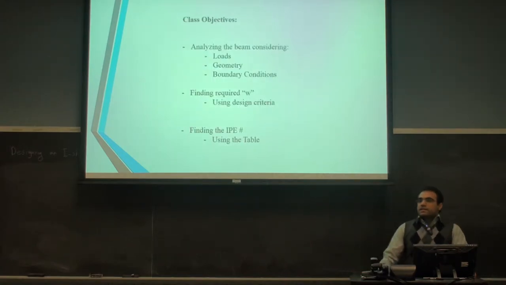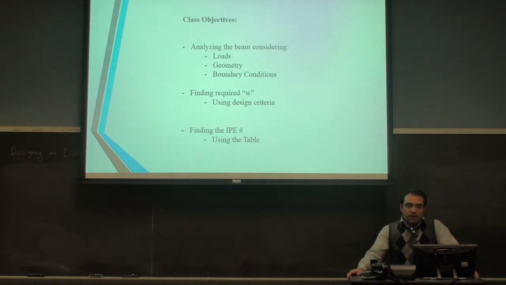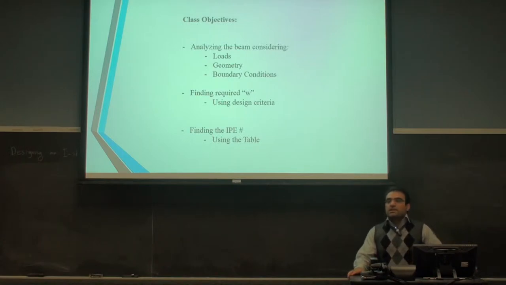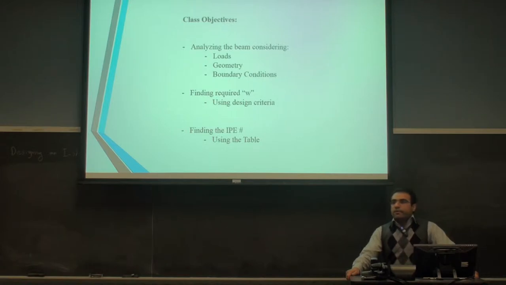By the end of this session, I expect you to be able to analyze beams under vertical loads. When you have the loads, the geometry, and the boundary conditions, meaning the supports, you should be able to find the maximum moment applied on the beam.